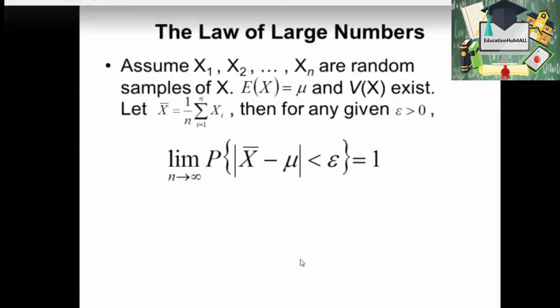Don't be scared, it just tells us that if the sample size is large enough, the sample mean can be arbitrarily close to the population mean. The probability of this is 1. That's pretty good, so the sample mean is probably the most frequently used estimate.